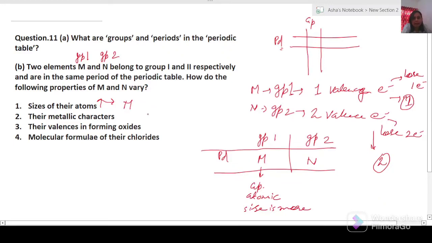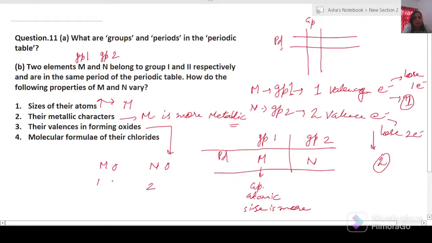Their metallic character: M will be more metallic. Why? Because its valency is 1, so it will quickly lose it. Their valencies in forming oxides. If M combines with O and N combines with O, M valency is 1 and N valency is 2.